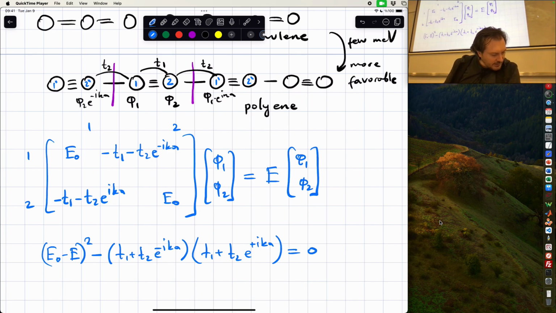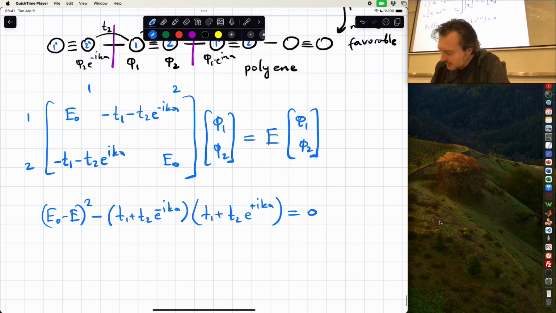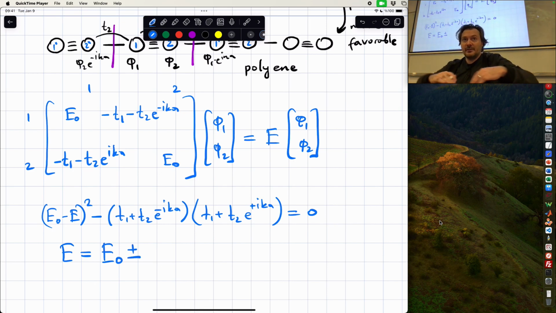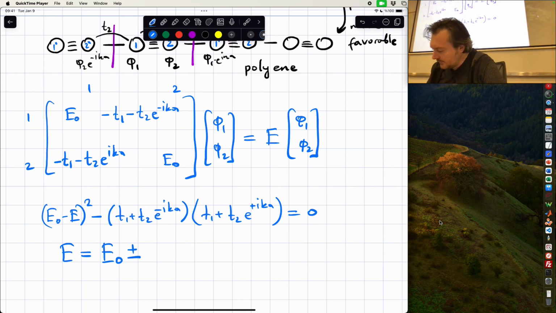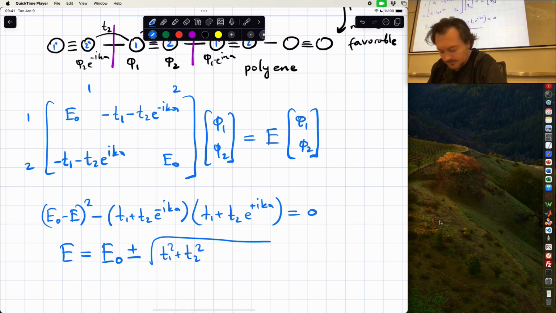So let me see if I have the solution. I do have the solution, and it looks like this. It's E equals E0 plus or minus, there are 2 branches, 2 bands, the square root of T1 squared plus T2 squared plus 2 T1 T2 cosine Ka.